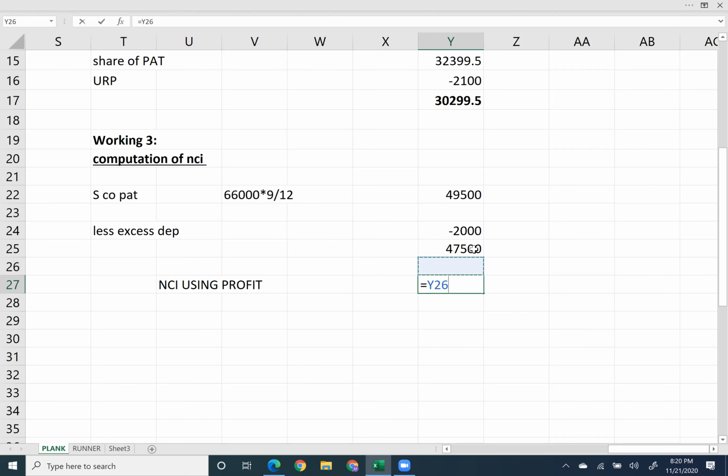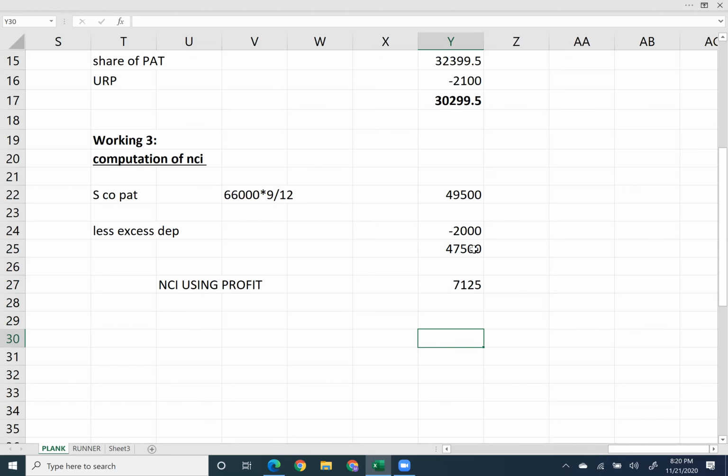So 47,500 times 0.15. Here you go, you have 7125 as an NCI. This NCI is calculated using the profit number.